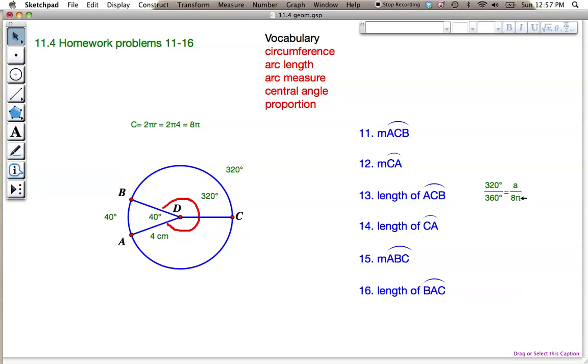So if we want to solve this, all we need to do is multiply both sides of this equation by 8 pi, and we can undo the dividing by 8 pi since we wish to solve for the a.